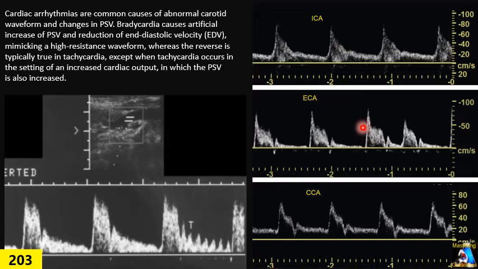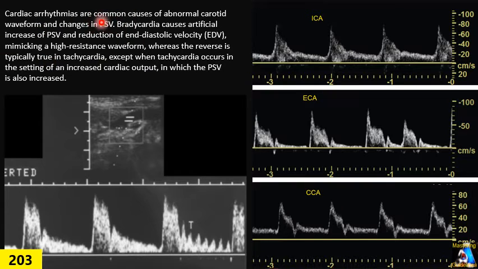For example, if the patient has tachycardia, not too high, around 100, peak systolic increases and end diastolic decreases, and it looks like a high resistance vessel. But we have to keep in mind that this is because of the cardiac rhythm and contractility of the heart.